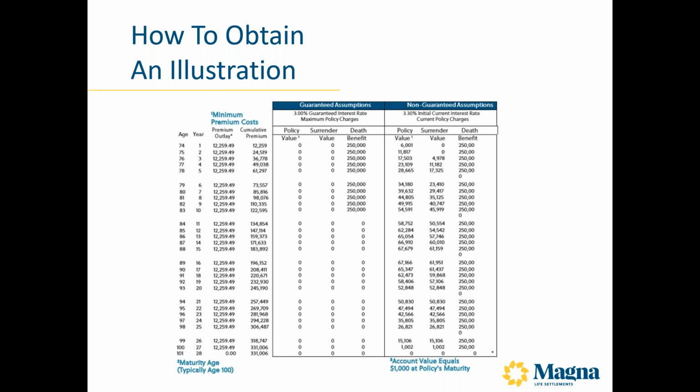So if you look at what's on your screen right now, you've got the $12,259 premium payment. It will build a cash value that will peak out in year 16, which is at age 89. That's actually 88, year 15, $67,679. And then it'll decrease after that.